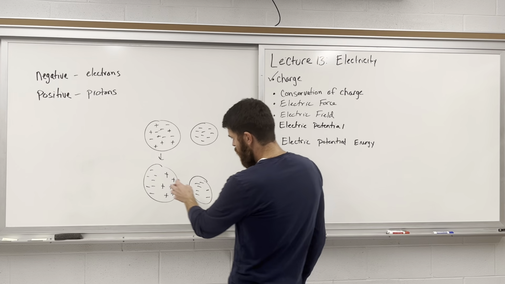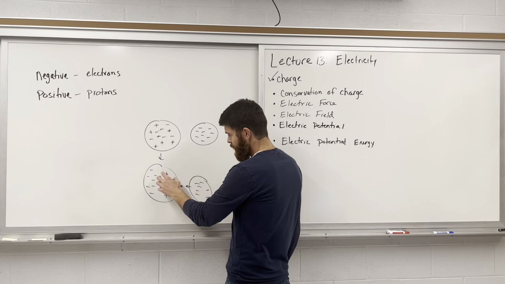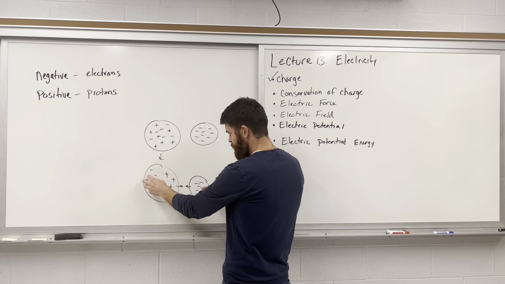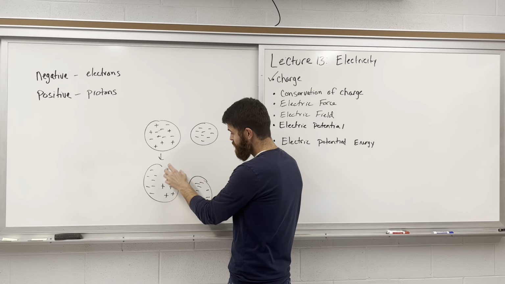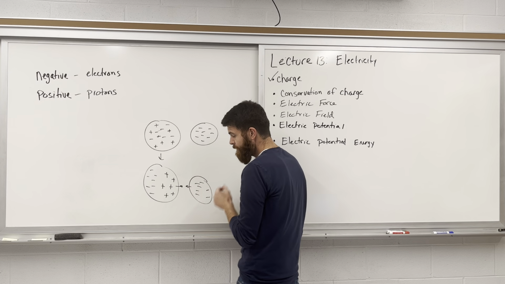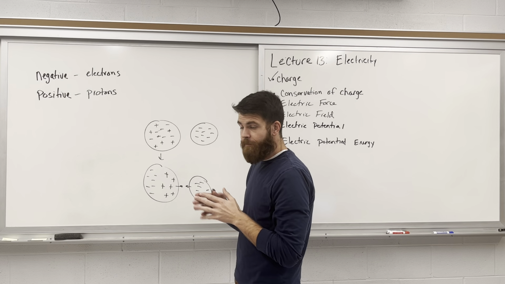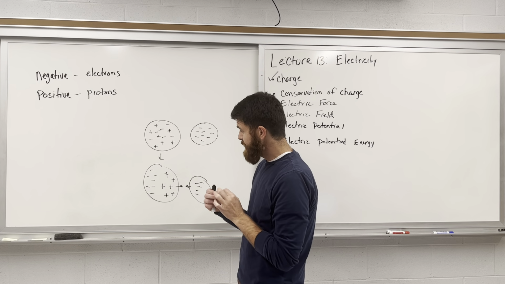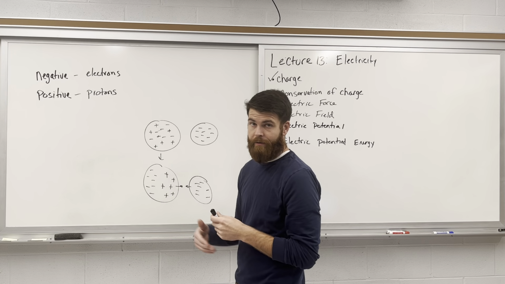You ask the question, well, aren't these like charges repelling? Aren't they being repelled? So wouldn't the repulsive force between these negative charges and these negative charges cancel out the attractive force between these positive and these negative? Well, as we'll learn, the electrical force is very sensitive to distance, and it decreases with distance very rapidly.